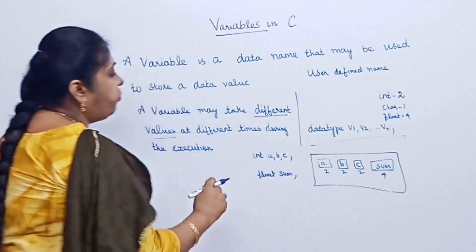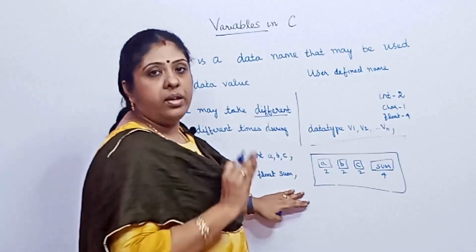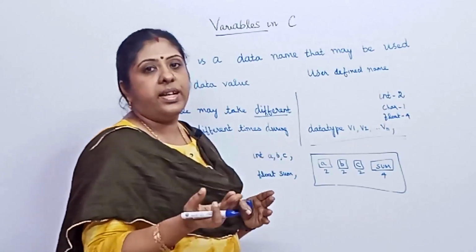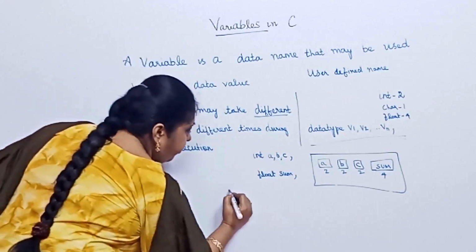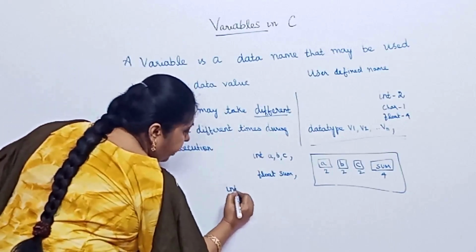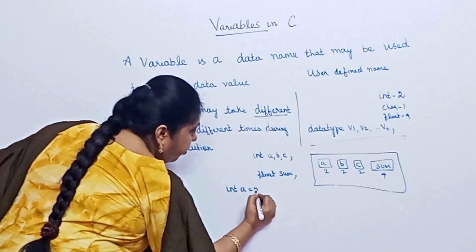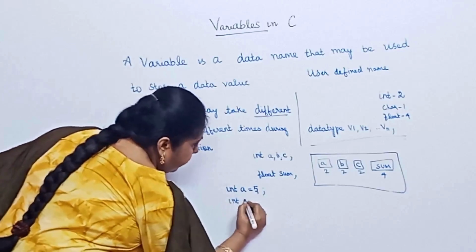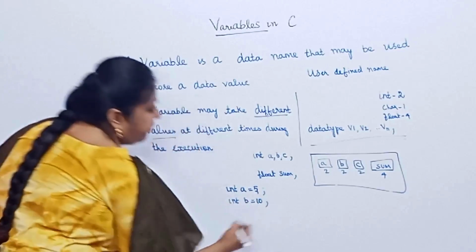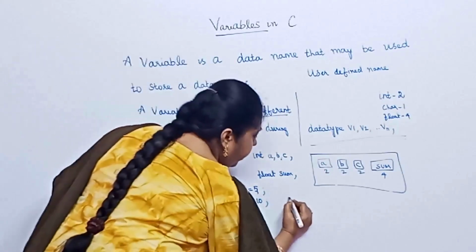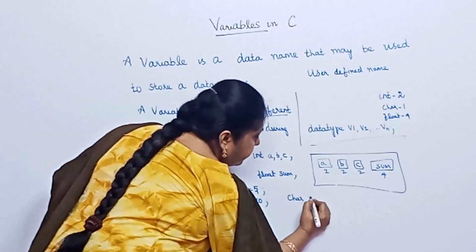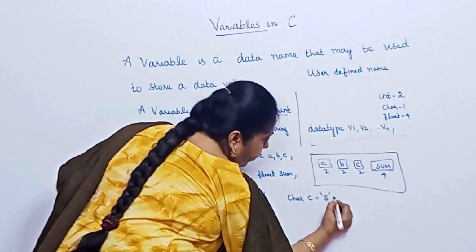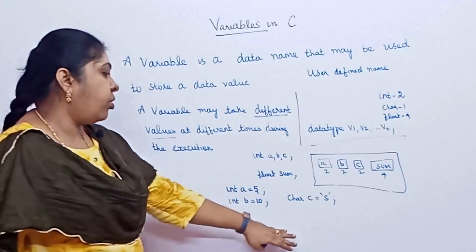And one more thing, this is the declaration part of the variable. Now these variables can also be initialized. Consider the same thing: integer a equal to 5, integer b equal to 10, and then character c equal to a character within single quotes, ended with a semicolon.